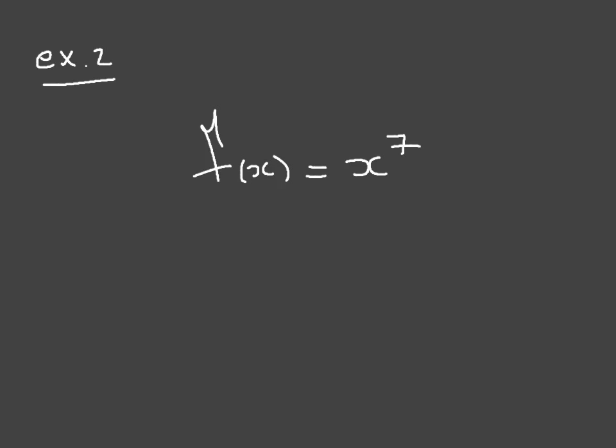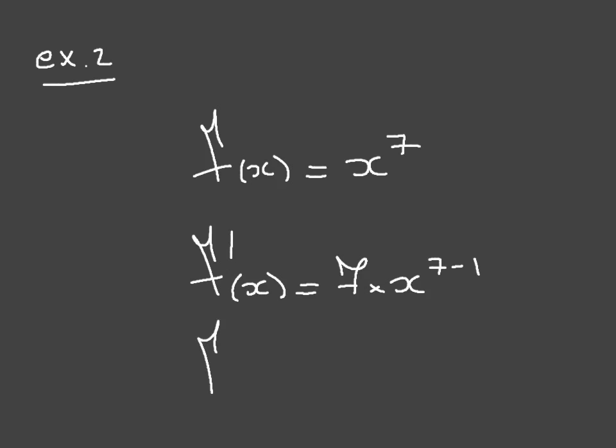So we can use the power rule to differentiate this, and we can go ahead and say that f dash of x is equal to 7 times x to the power of 7 minus 1. 7 minus 1 being equal to 6, this leads us to the answer f dash of x is equal to 7x to the power of 6. And let's look at another.